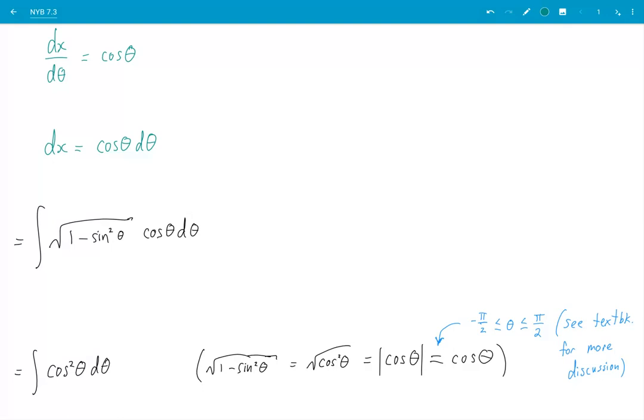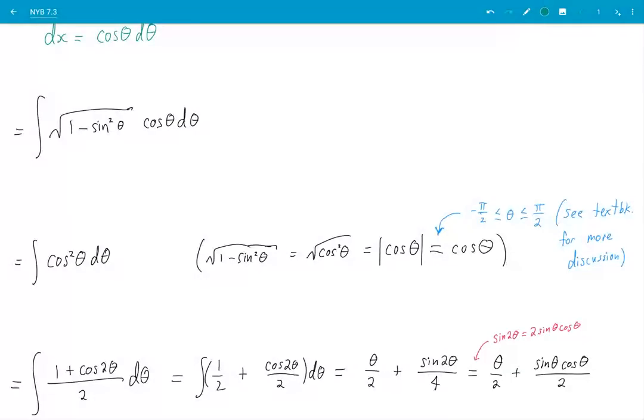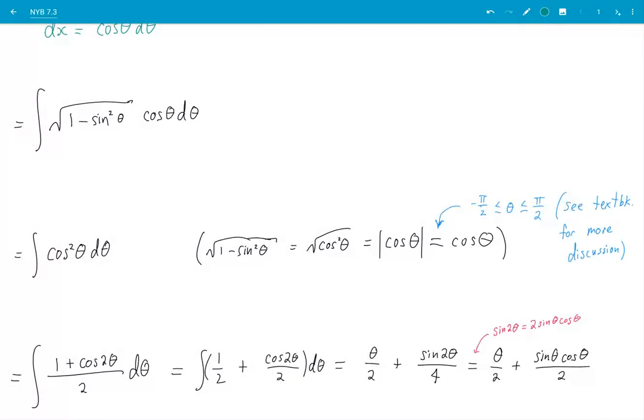In the bracket here, I explain what happened to root 1 minus sine squared. Again, there are some details that I'm not getting into here, but if you're interested, you can have a look in the textbook. There's lots more discussion there. So essentially, I get cosine here, and I get cosine here, so I get cos squared. Pause and copy.